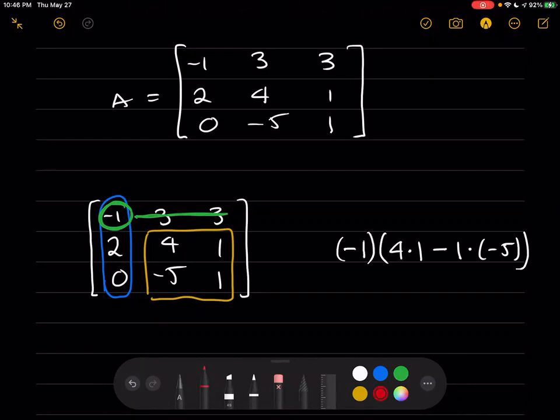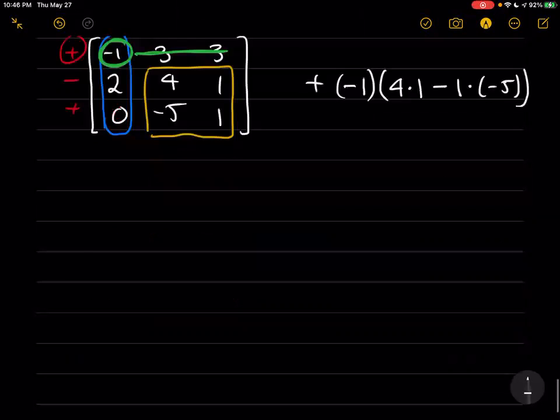And then don't forget our pluses and minuses. So that green circle thing has a plus and plus associated to it. So positive times positive is positive. So we get a positive out in front. Okay. And we do the same thing moving down a row.